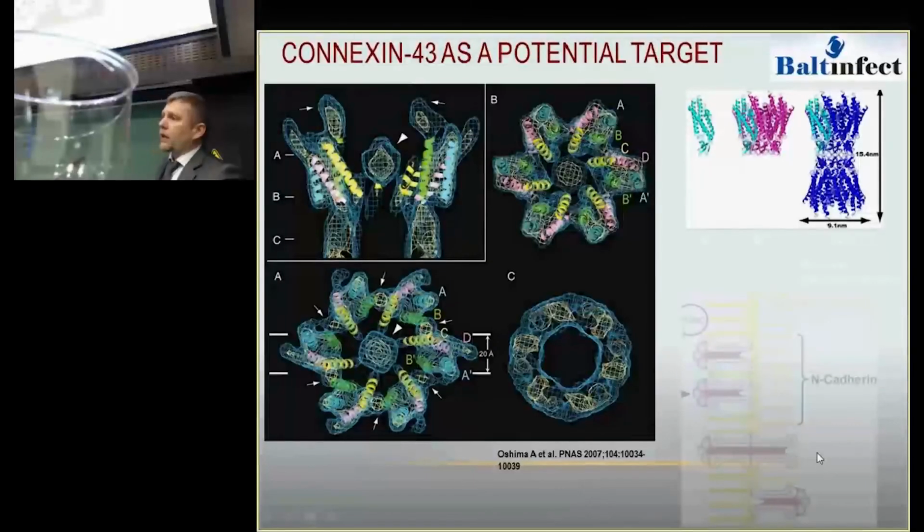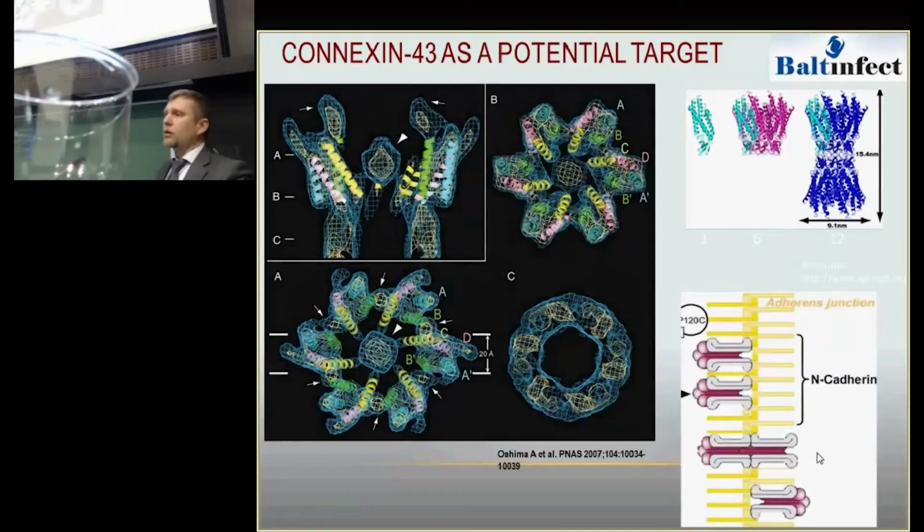As an example, I would like to tell you about our results with connexin 43 antibodies. You know that connexin 43 is the main protein of gap junctions. Our group and a parallel group revealed that gap junction formation plays an important role in the invasion of tumor cells, especially in intracerebral tumors like glioma and like brain metastasis of carcinoma cells.